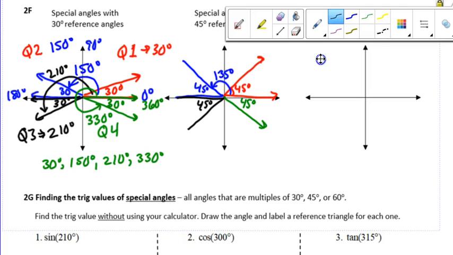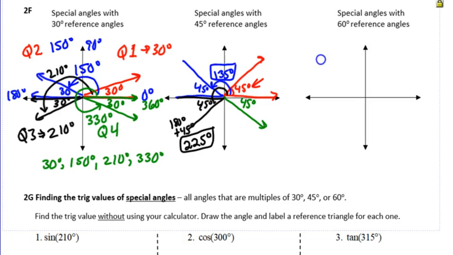Then we have the angle that goes all the way from 0 into quadrant 3. Well, this is going to be 180 plus 45. So this is going to be 225. So in quadrant 3 it's 225. In quadrant 2 it's 135. In quadrant 1 it's 45.